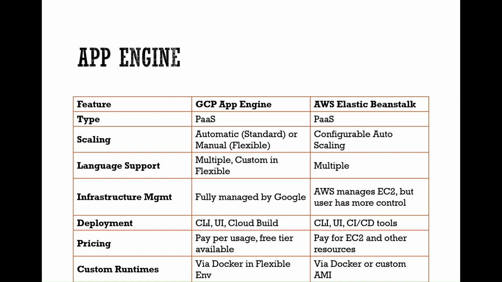For AWS, you pay for EC2 and other resources, whatever resources you are utilizing while creating the Beanstalk. For the runtimes, both can be configured with any environment when it's flexible in GCP, and AWS Beanstalk has those via Docker. But for standard GCP App Engine, there are limited runtimes.